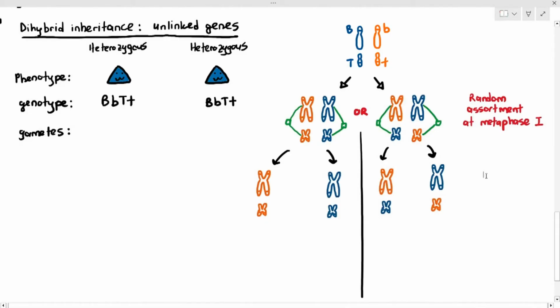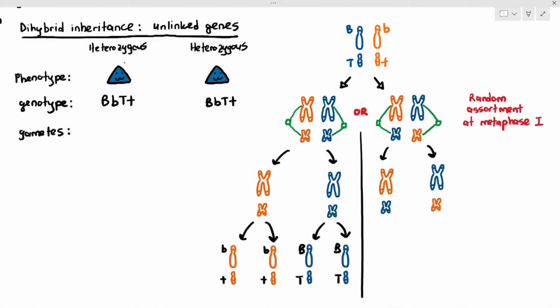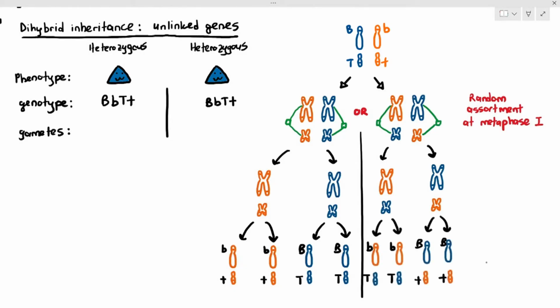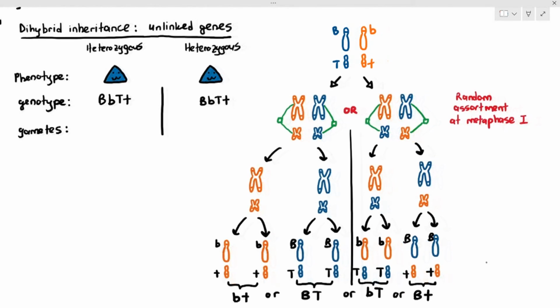And when it separates during meiosis 2, if you look at this one, you can only get small b, small t, small b, small t, large B, large T, large B, large T. But in the case of the independent assortment on the right side, you can get small b, large T, small b, large T, and large B, small t, large B, small t. That is a bit interesting to notice, isn't it?